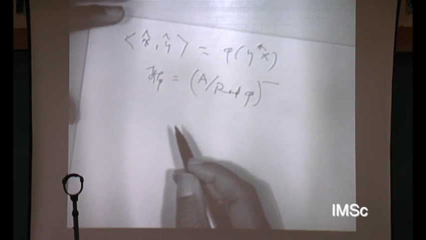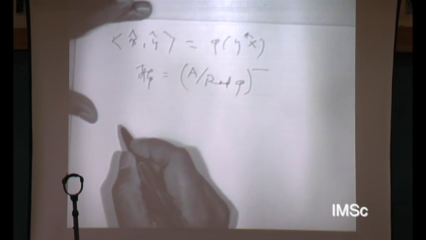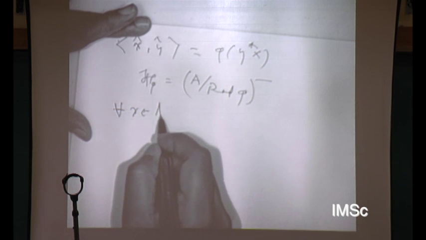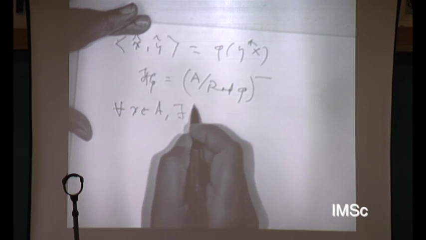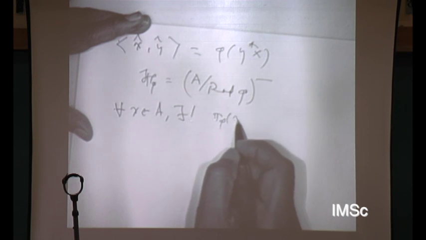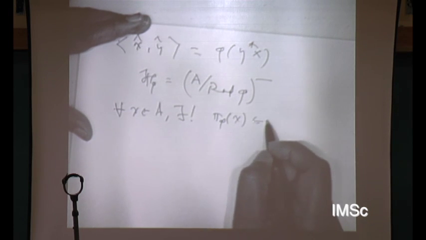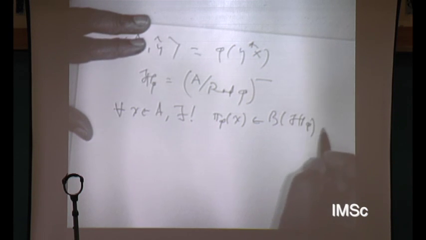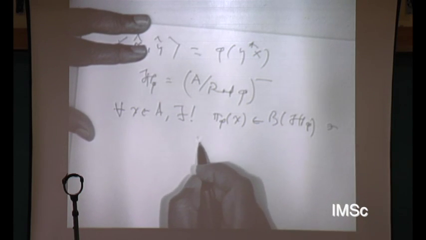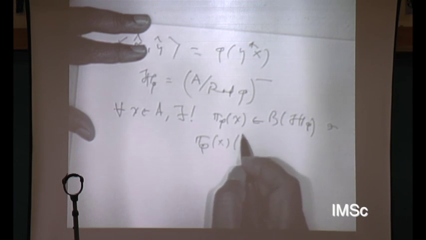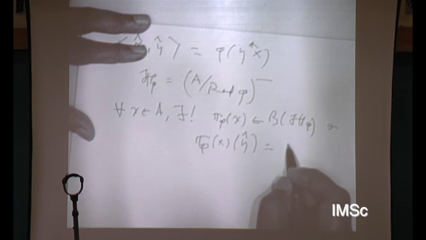And what we had shown was that for each x in A, there exists a unique operator which I call pi phi of x in B of H phi, such that pi phi x would send y hat to xy the whole hat.